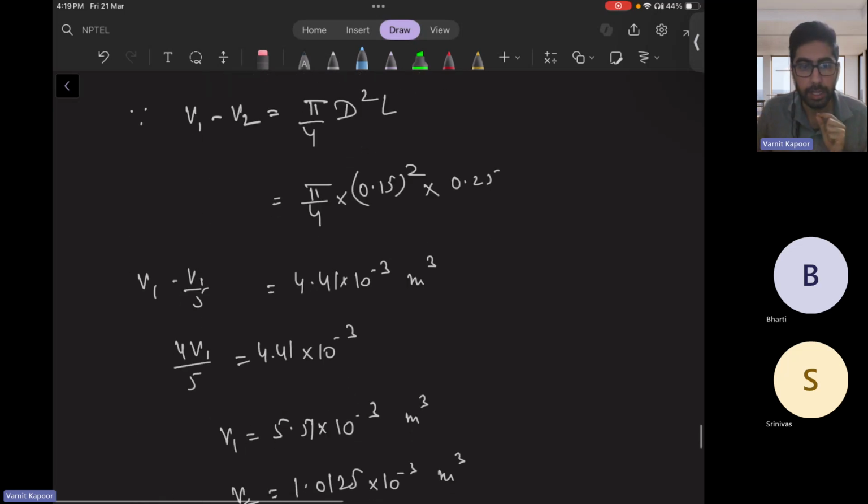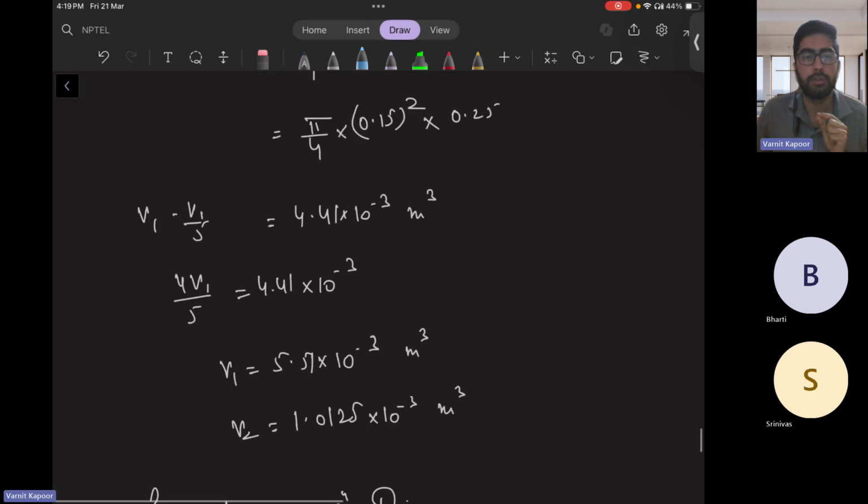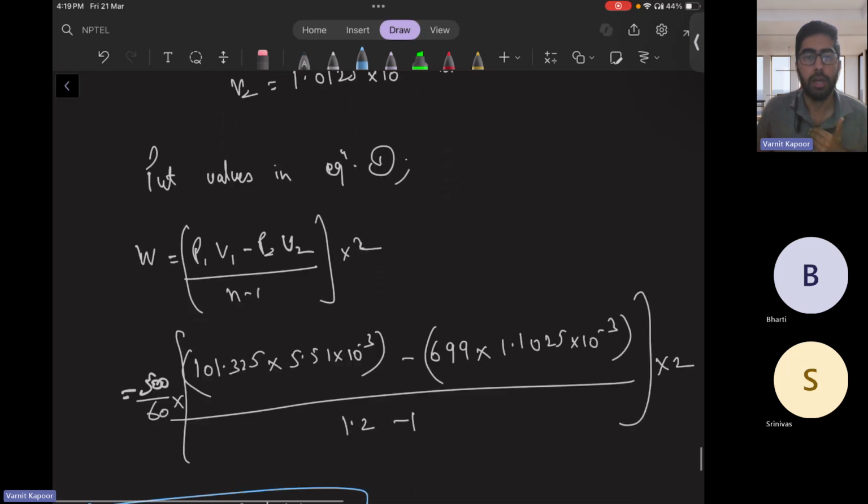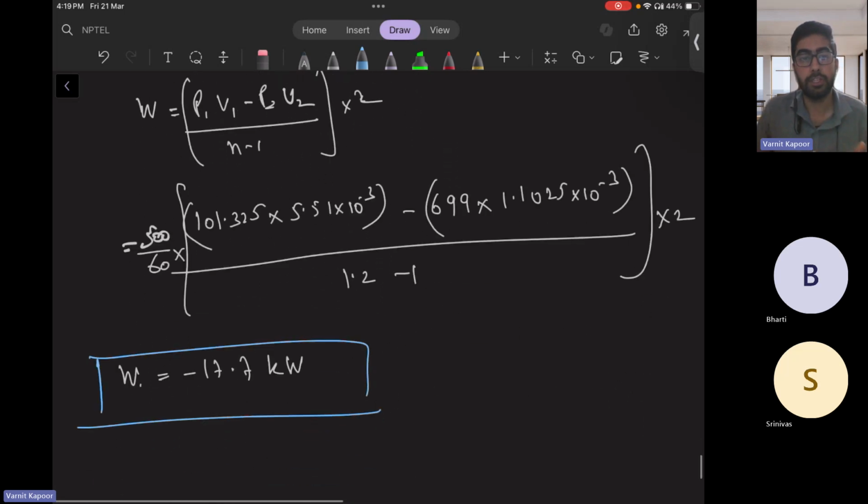From here you get V1, that is 5.51 10 to the power of minus 3 meter cube, and V2 is V1 by 5, that is 1.1025 10 to the power of minus 3 meter cube. Put all these values in equation 1, and it's given as 500 revolutions per minute. So 500 revolutions per second will be divided by 60. You will get the net work as kilojoule per second this time, that is kilowatt, 17.7 kilowatts.